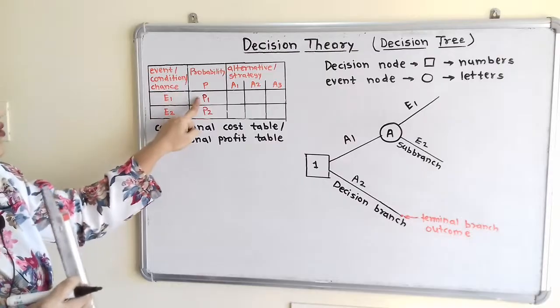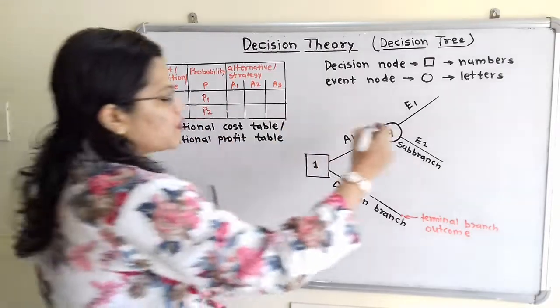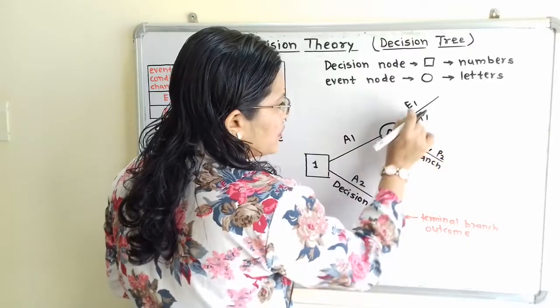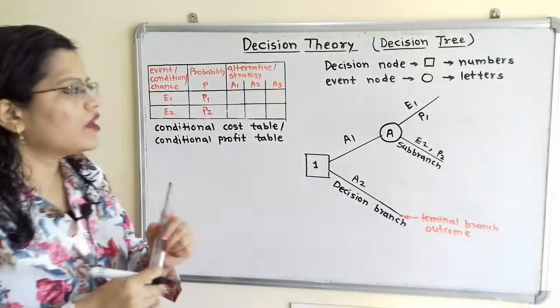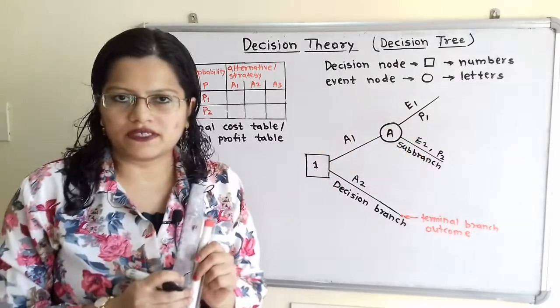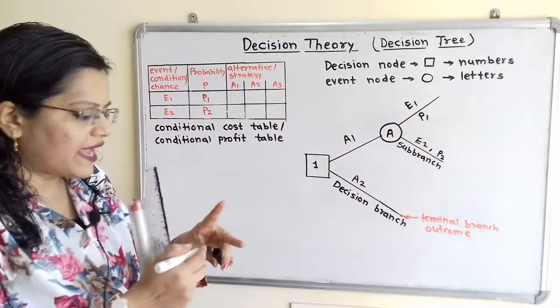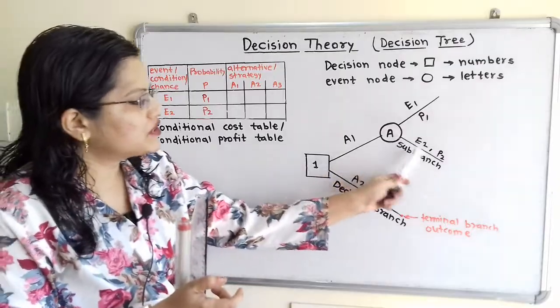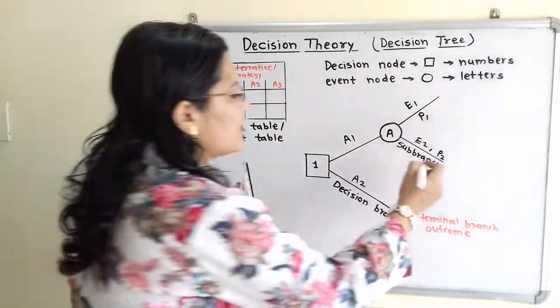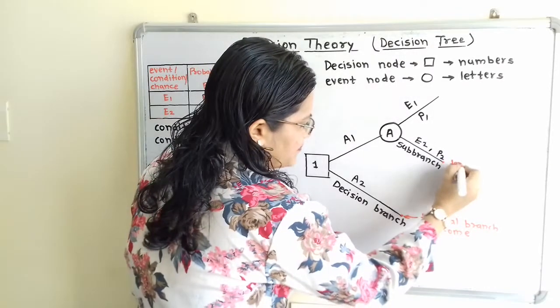So for the occurrence of event E1 is with probability P1 and here it with probability P2. So remember always these sub branches we have to mention with probabilities. Now we will say that here this branch is not followed by any node. So this will be the terminal branch.